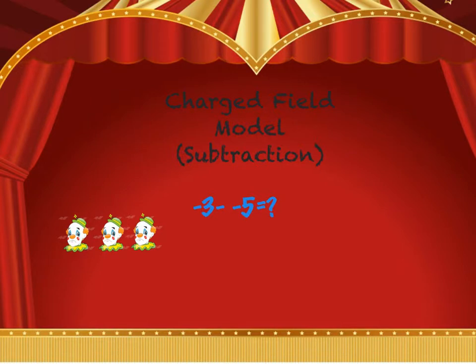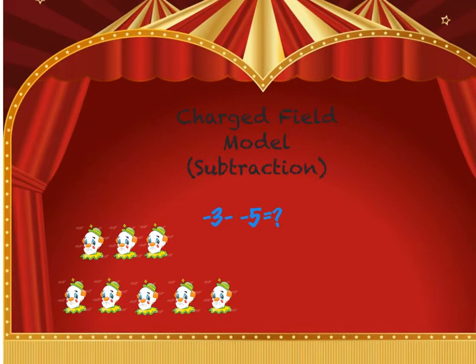Now remember, we said we were going to use sad clowns for negative numbers and happy clowns for positive numbers. In this case, we have a -3 minus -5. So we're going to start off with 3 sad clowns. So we started off with 3 negative clowns, 3 sad clowns, which is a -3.